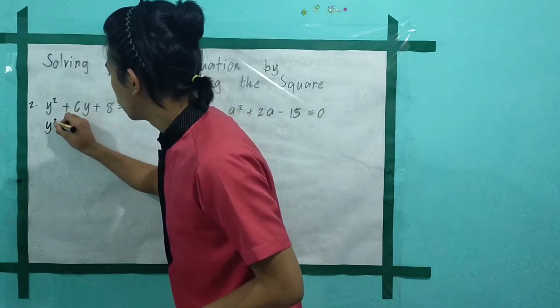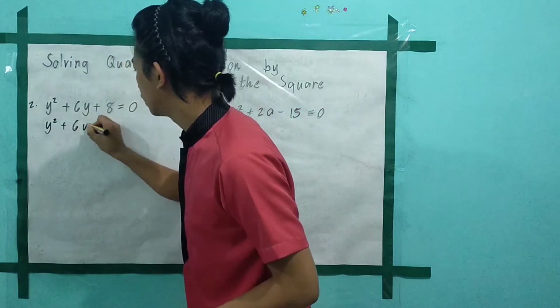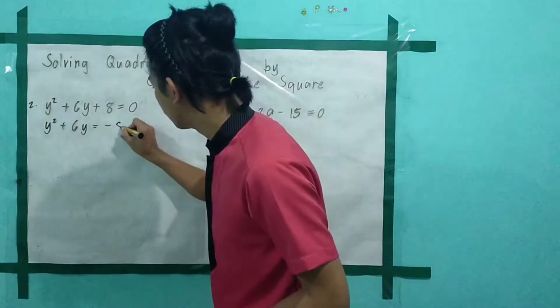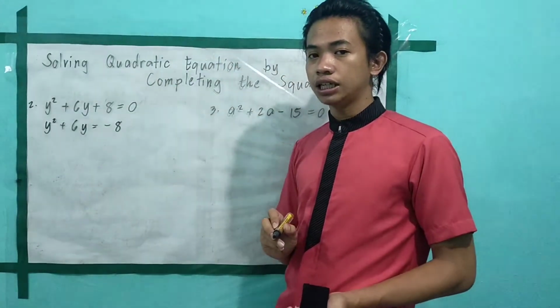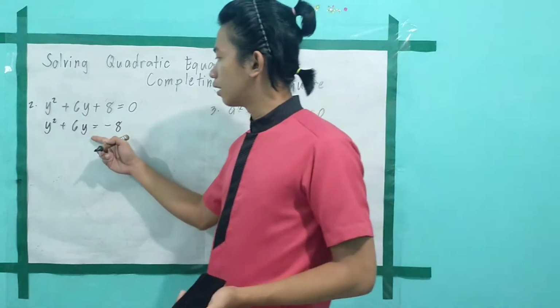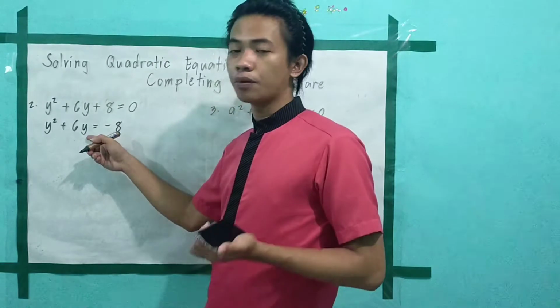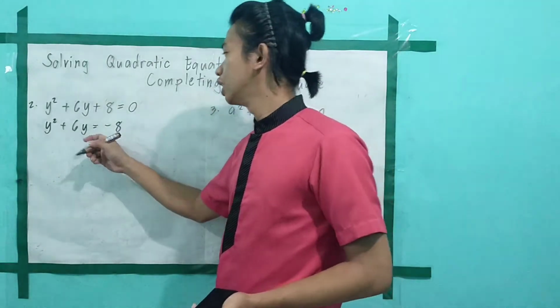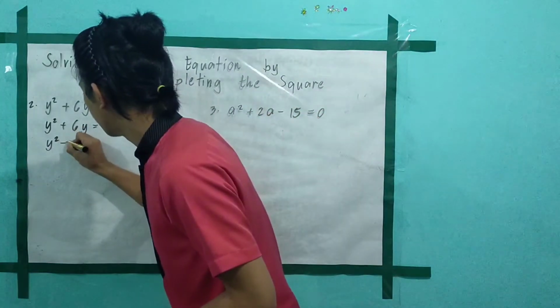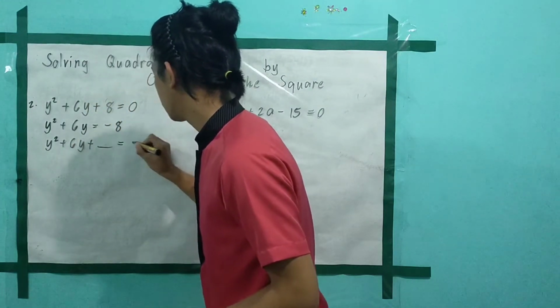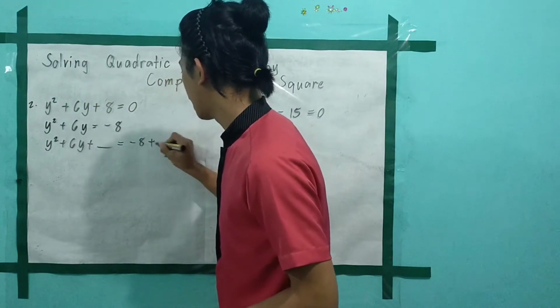So we have y squared plus 6y is equal to, using APE, we have negative 8. Then next step, make the left of the equation a perfect square trinomial. So we have y squared plus 6y plus blank is equal to negative 8 plus blank.